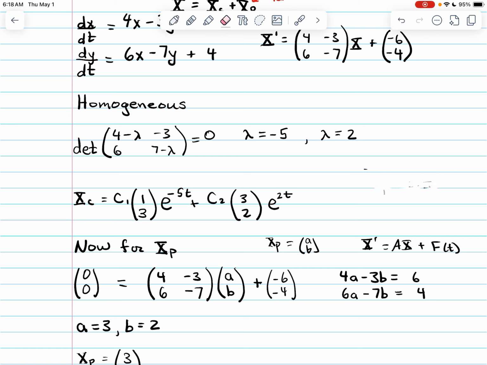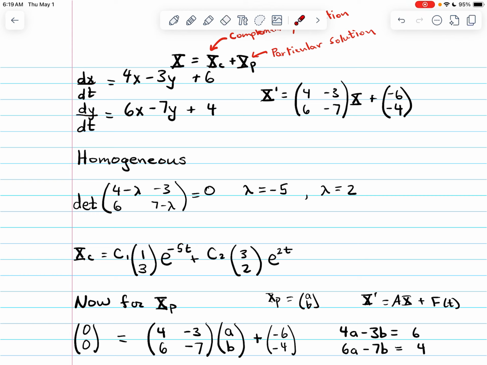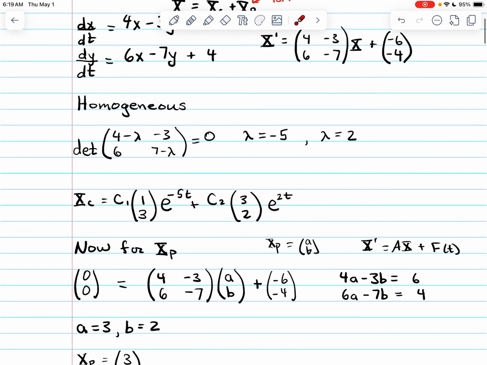We're going to do the same thing here, except we're thinking about vectors, matrices, instead of just numbers. So what I notice about this differential equation is this part over here is a column of constants. So I'm going to speculate that my particular solution is a column of constants.